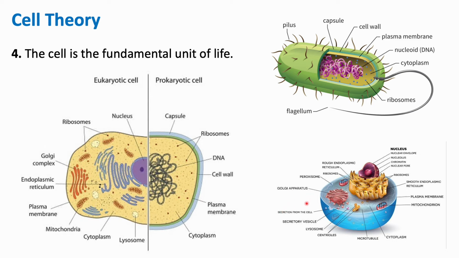Okay, so here we actually have a prokaryote versus a eukaryote. Remember, prokaryotes are going to be single-celled, but eukaryotes do not have to be single-celled. We can have multicellular eukaryotes, but we can also have single-celled eukaryotes. And in each case, eukaryotic or prokaryotic, it does not matter. A single cell is the fundamental or the smallest unit in which life can exist.